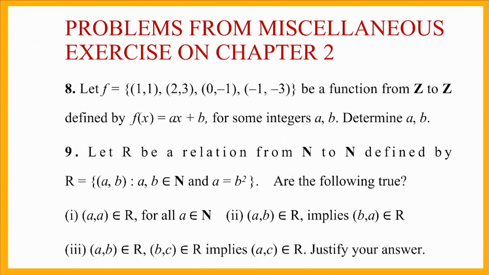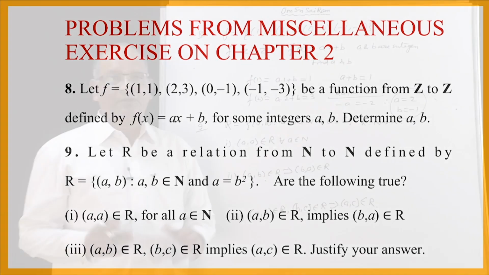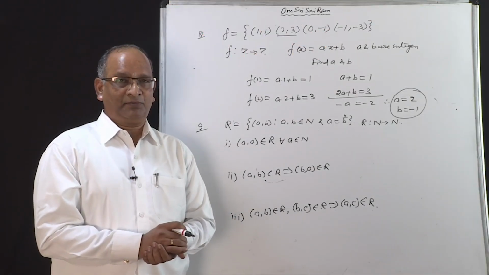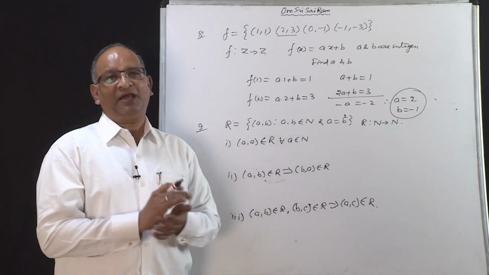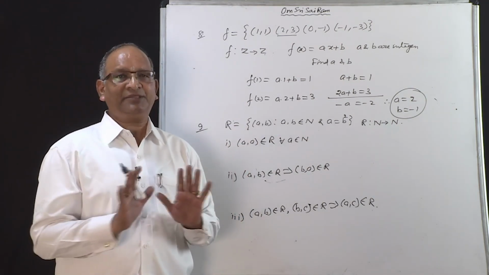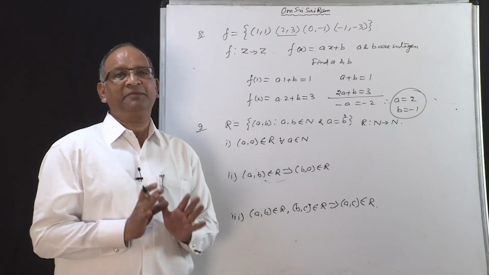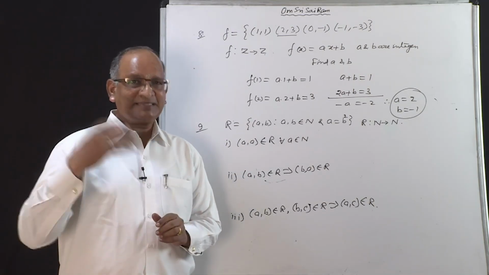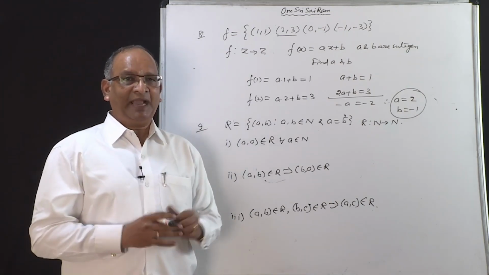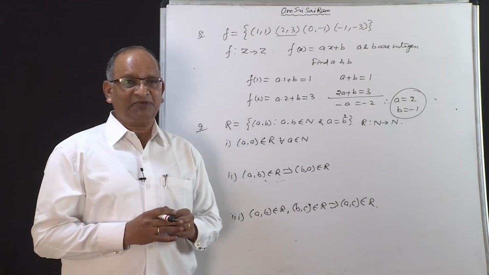Remember, this problem is on relation. We have defined what is relation. We have defined what is domain of relation, codomain of relation, range of relation. Nothing more. We have not studied anything more in relation. Next year you are going to study types of relations.